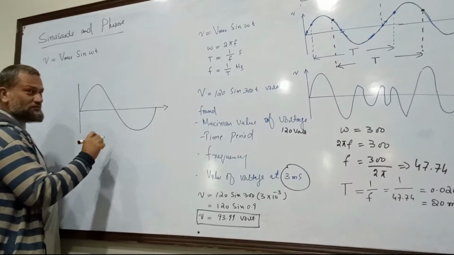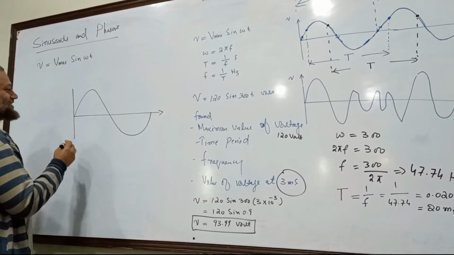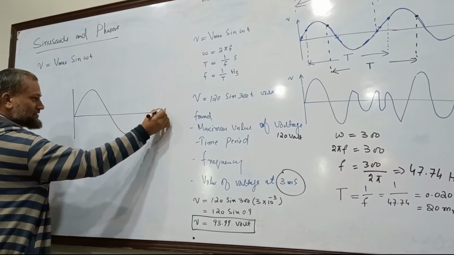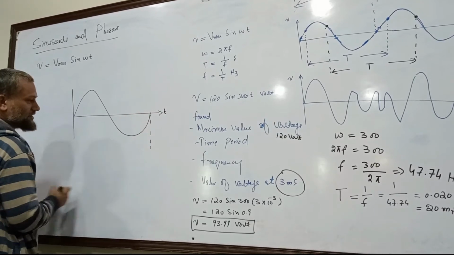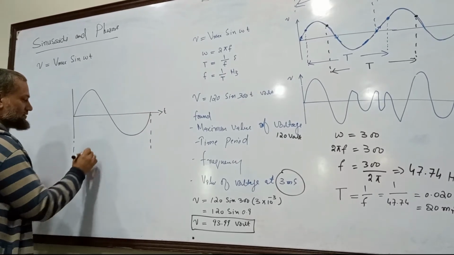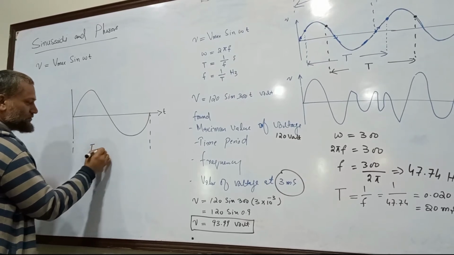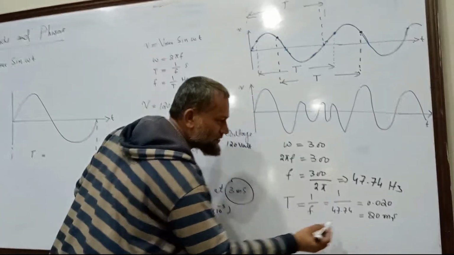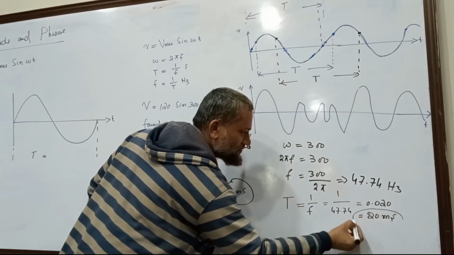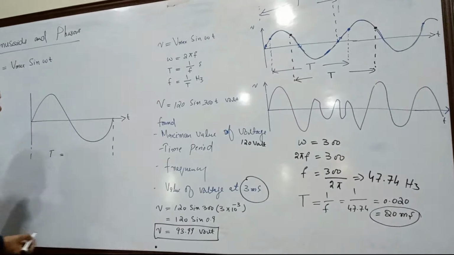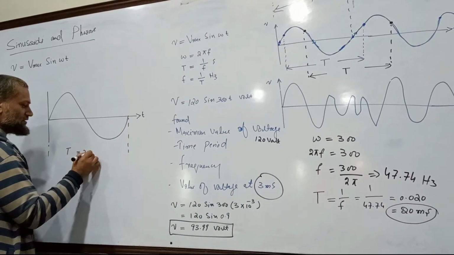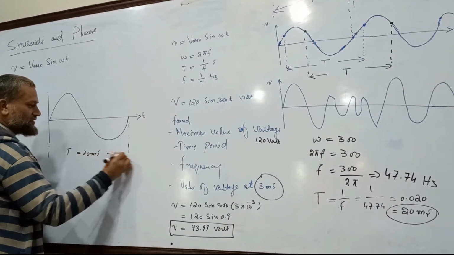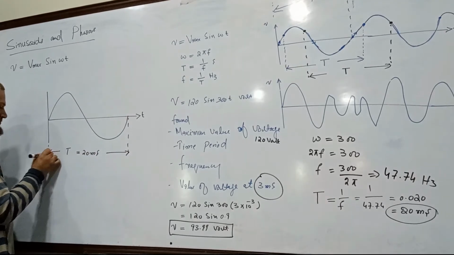Does it look good? So how much is the time period? Time period is equal to, how much was the time period for this? 20 milliseconds. So 20 milliseconds is for this.